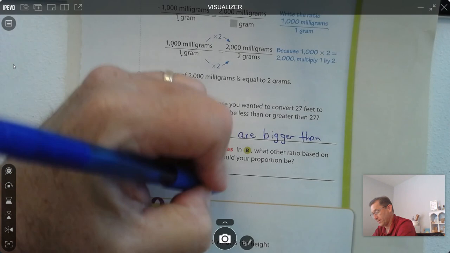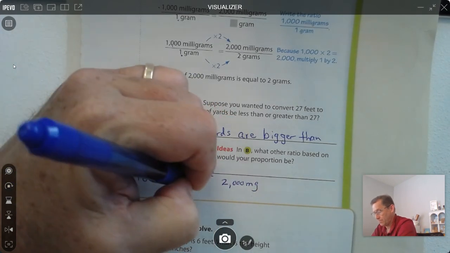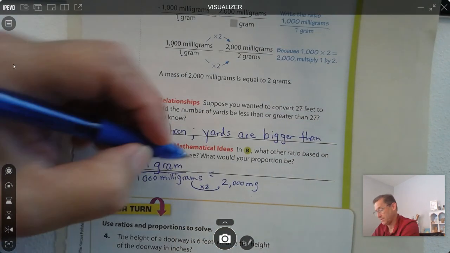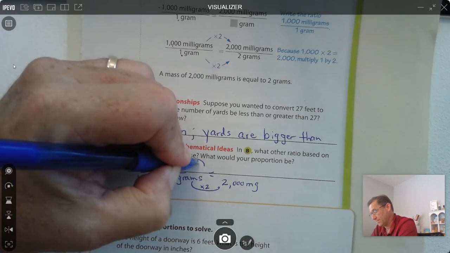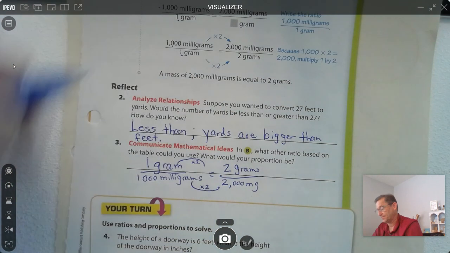And so if we were converting that, we'd say 1,000 times 2 is 2,000 milligrams. And so 1 times 2 would tell us the number of grams.